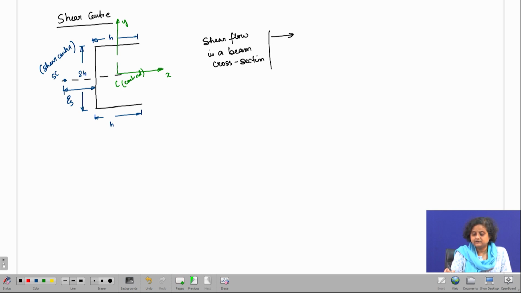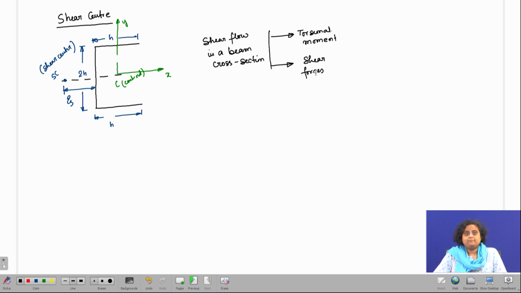One is torsion, torsional moment, and the next is shear forces. Right. So, both of these are going to produce a shear flow in the cross section.